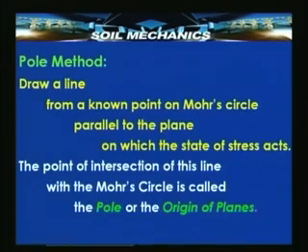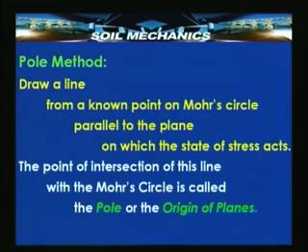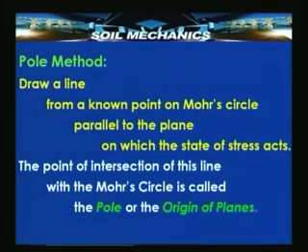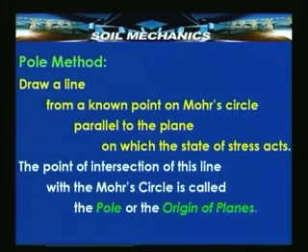This is called a pole method because of a specific point on the Mohr circle which is known as the pole. For example, to locate a pole, you draw a line from a known point on the Mohr circle parallel to the plane on which the state of stress represented by that point acts.